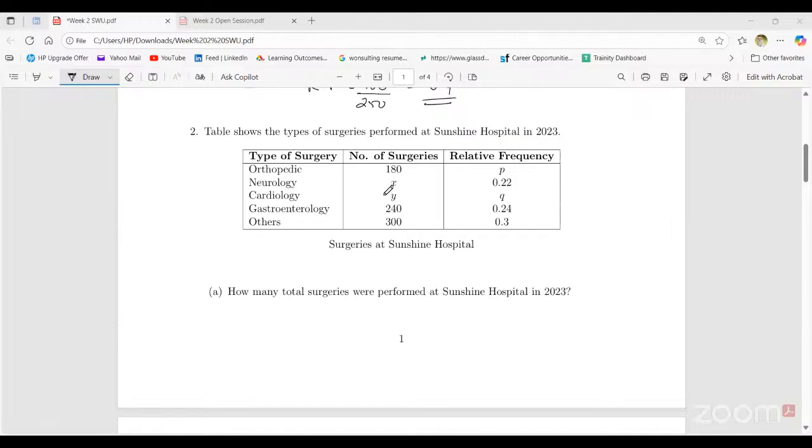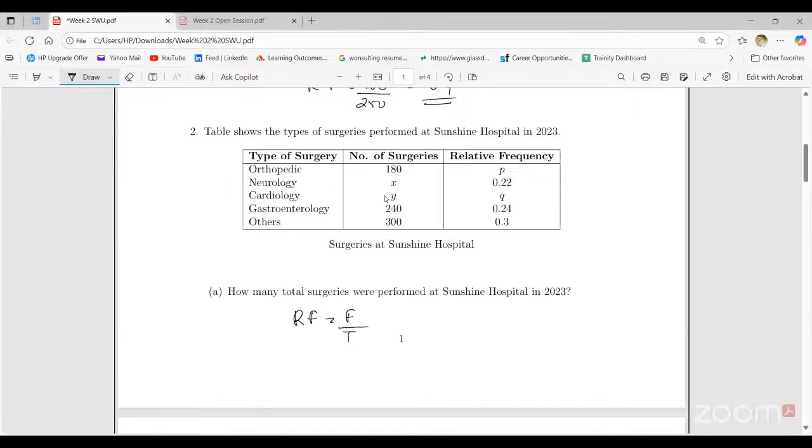So how did we get 1000? We need the total surgeries. By the formula, relative frequency is equal to frequency divided by total frequency, correct? Now we need to find this value, so the total frequency will be frequency divided by relative frequency.